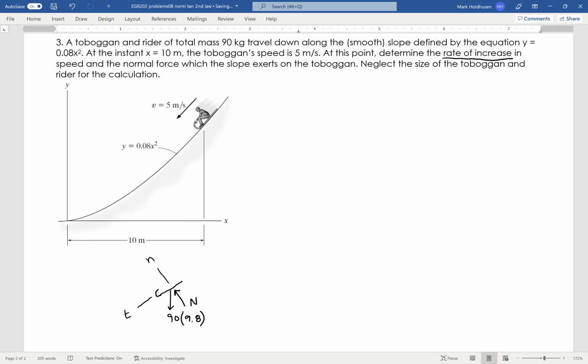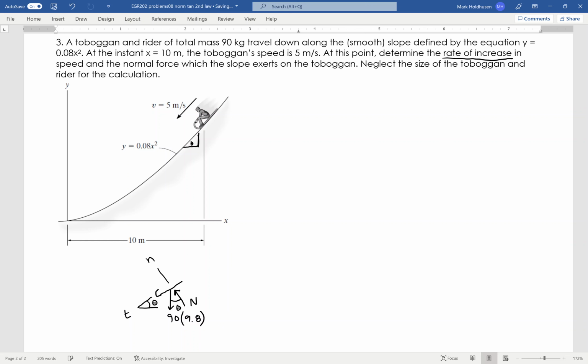Now, the tricky thing here is I need to find essentially this angle right here that I'm going to call theta. What I am looking at is this slope, rise over run of this guy, so that is effectively this angle right here.